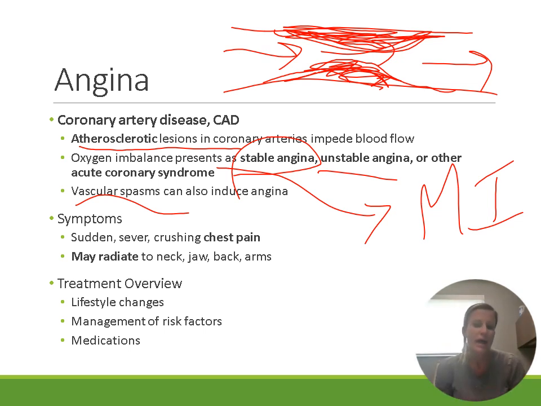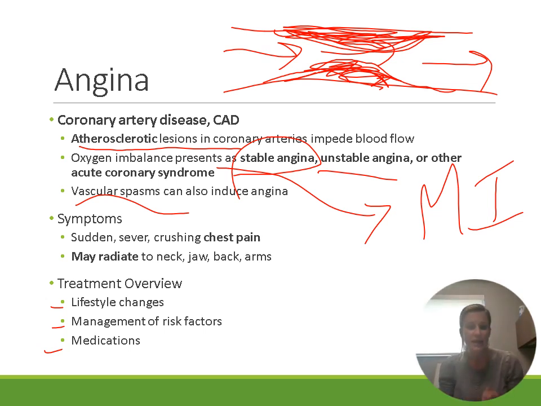When somebody has coronary artery disease and angina, patients need to receive guideline-directed therapy that emphasizes lifestyle changes, management of risk factors, and then we also have medications that we'll talk about.